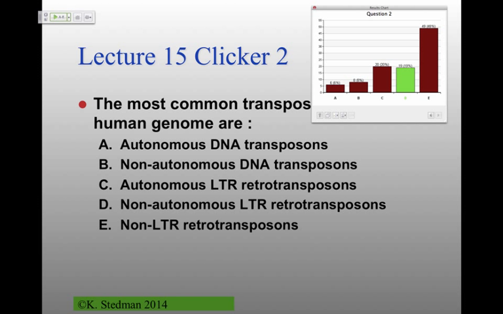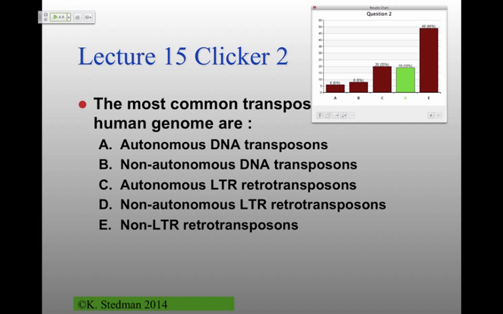And one of the keys to this question is what's autonomous versus non-autonomous? So autonomous ones code for everything that they need to move. If you're a DNA transposon, that transposon encodes the transposase.